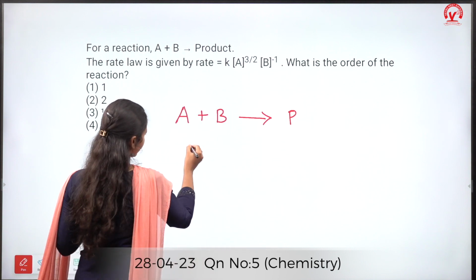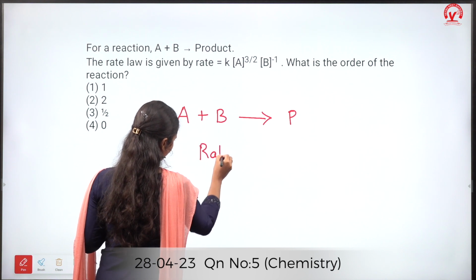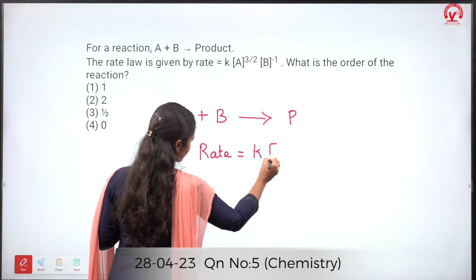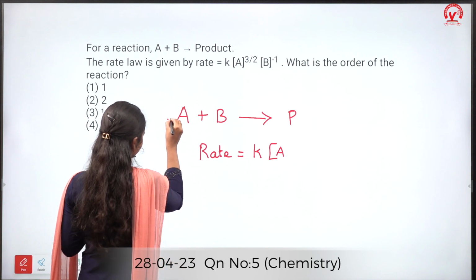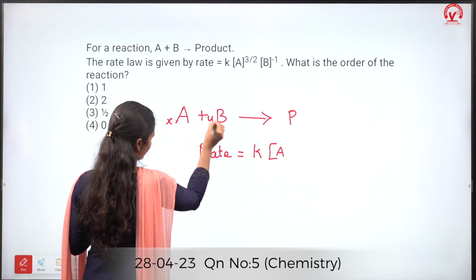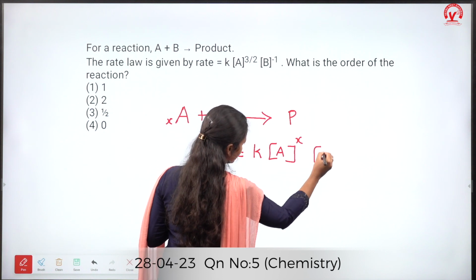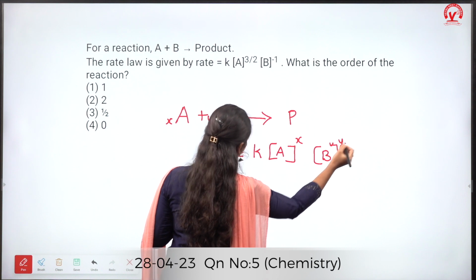In general, rate equals rate constant times concentration of A power x, concentration of B power y.